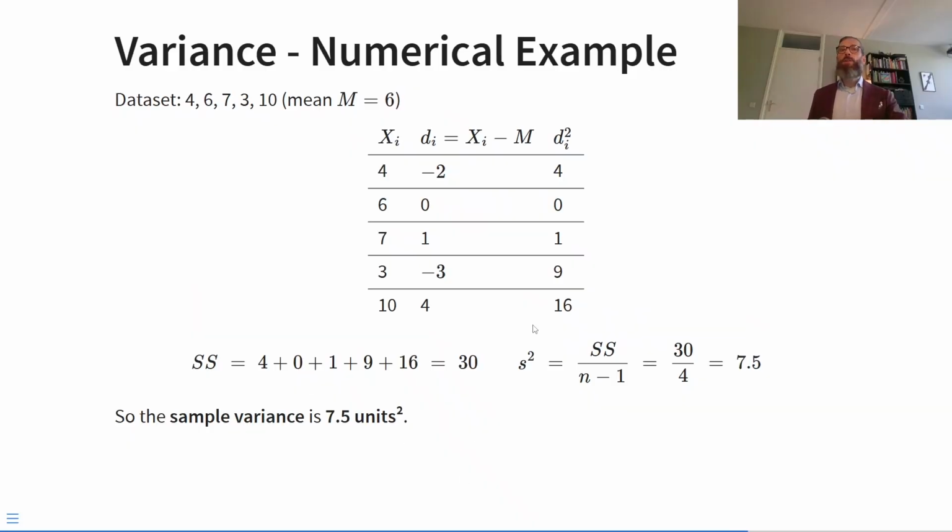And that's why, in order to be mathematically accurate, we say standard deviation and not simply average deviation, because it's not exactly the average deviation. And you can see this intuitively here in the table as well. You see that a score that is at the mean does not contribute at all to the deviances, and a score that is close to the mean contributes a little bit, but a score that is very far from the mean contributes very much. And that is because when you square values, their influence increases quadratically.